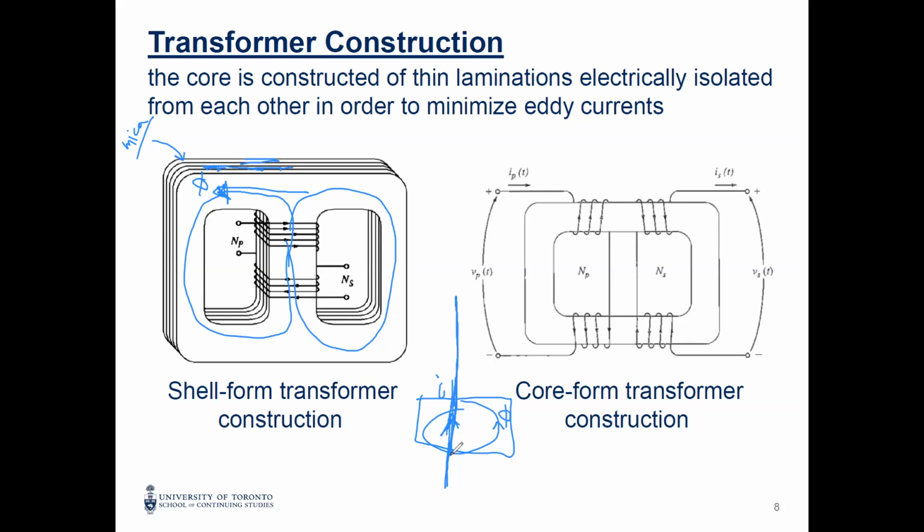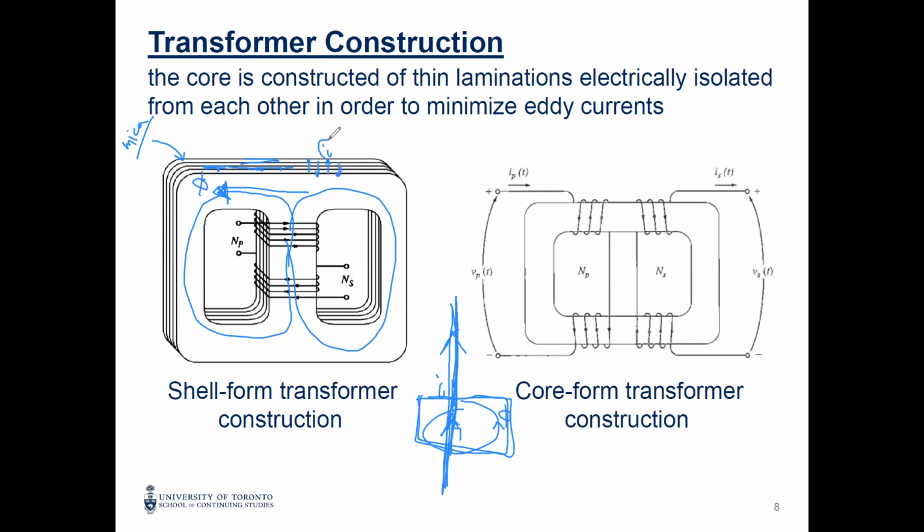If the current goes from bottom to up, the flux flows perpendicular to the current. And similar to this, if you have a flux and inside this metal, the currents will flow perpendicular to the flux.